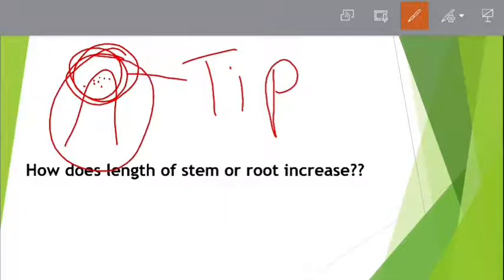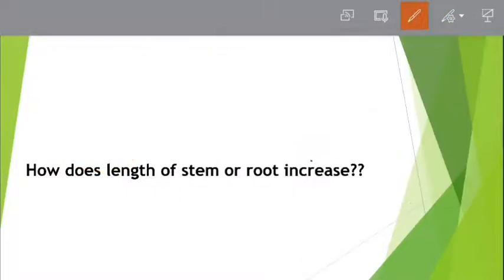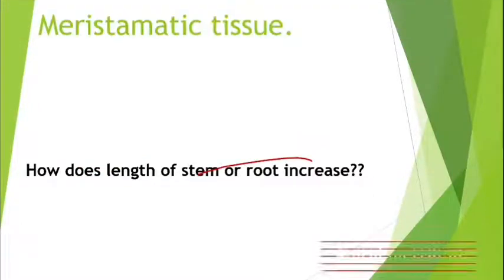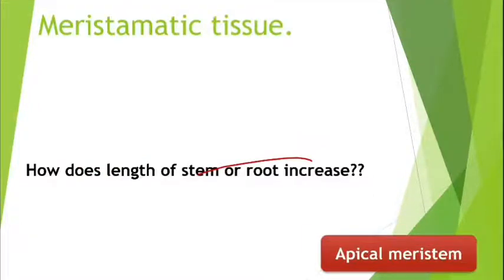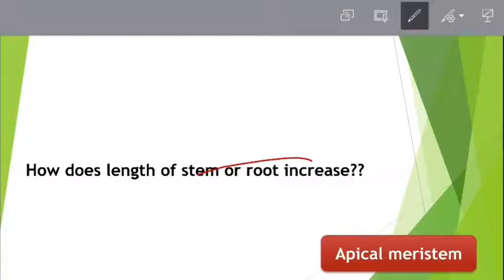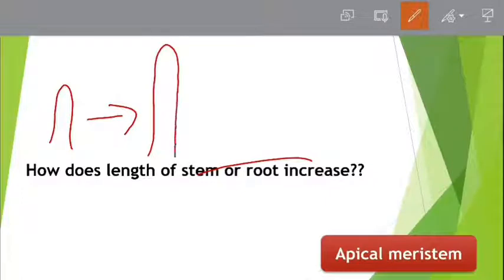This is the stem of a plant. The cells present at the tip of the stem are called apical meristem cells. So here we learned that the stem of the plant first increases in length with the help of these cells present at the tip.